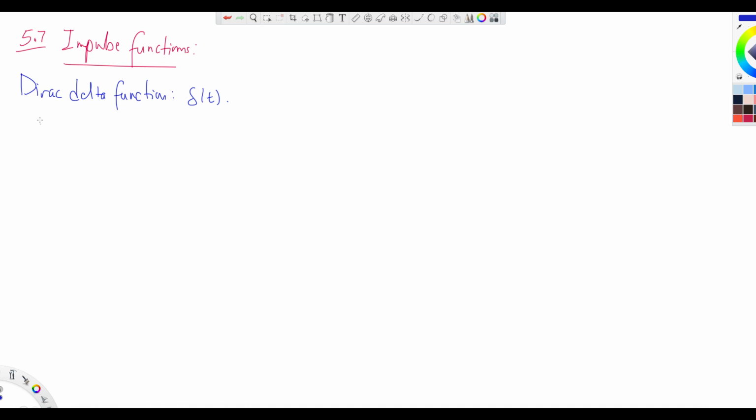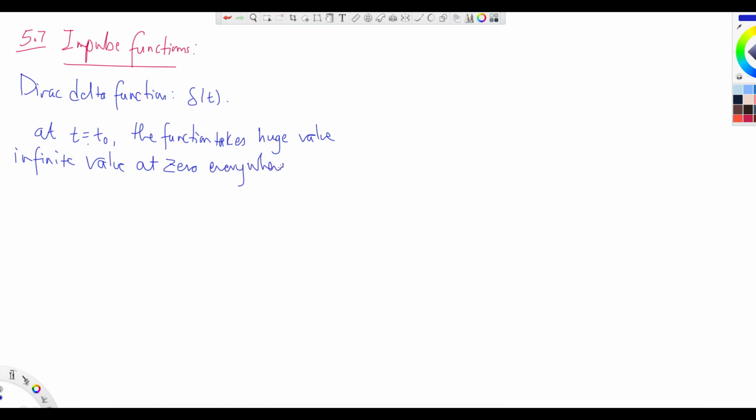At t equals t0, the function takes an infinite value, or indeterminate value, and 0 everywhere else.